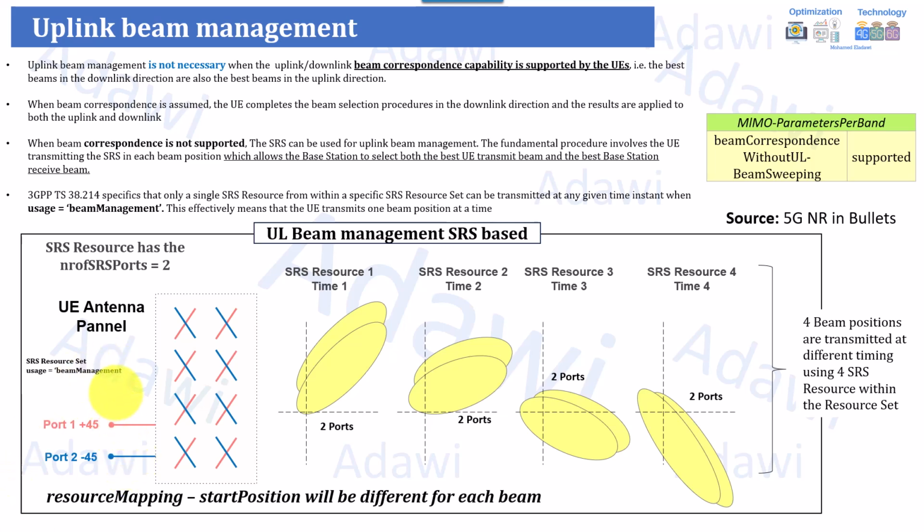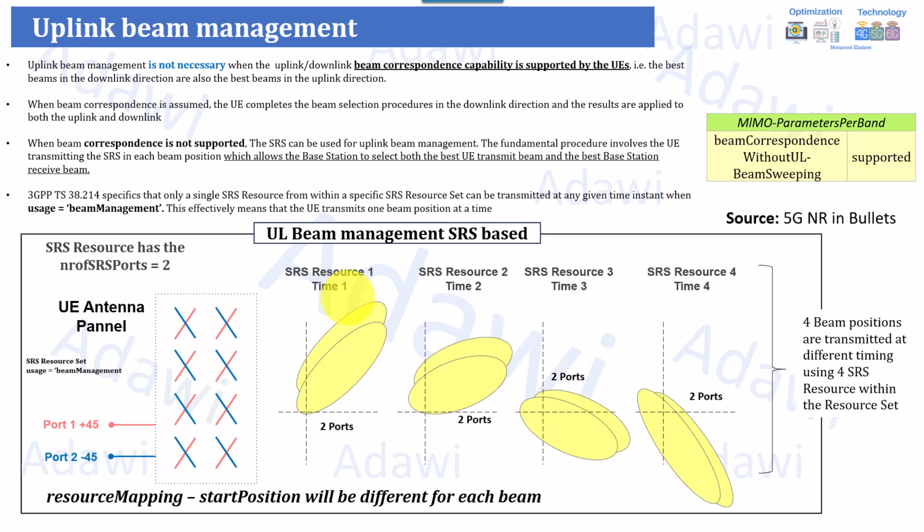And because the gNB would like the user to transmit beams in 4 different positions, as shown here, it will configure the user with 4 SRS resources within the SRS resource set. So under this one you find 4 SRS resources: SRS resource 1, 2, 3, and 4. And each of these SRS resources will have a separate configuration.